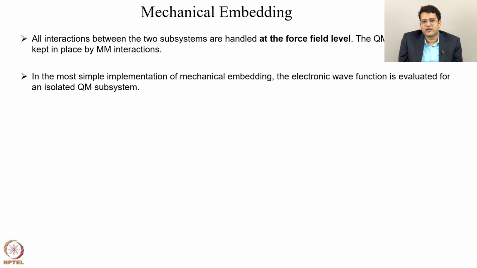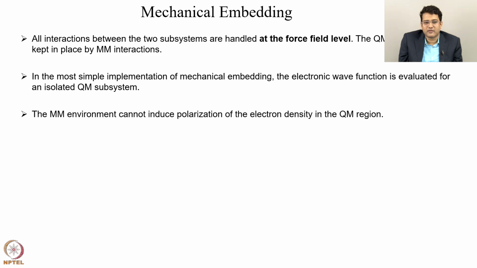In most implementations of mechanical embedding, the electronic wave function is evaluated for the QM subsystem and the MM environment cannot induce polarization of the electron density in the QM region. So, it makes the structure of the QM region less flexible, more rigid, and that is what is expected. An isolated molecule may be more flexible than what you will see in a protein cavity. That is what the MM region does in mechanical embedding: it keeps the structure rigid.